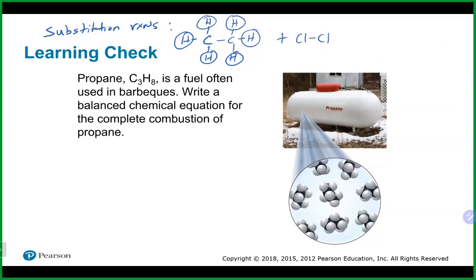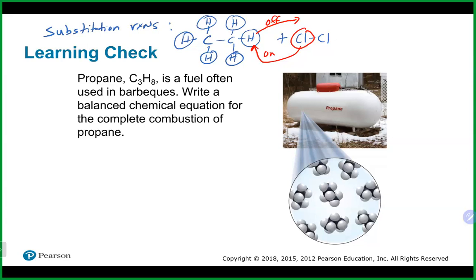You could choose any of these hydrogens, and this one is going to go off, and then one of these chlorines will go on in its place. Everything else stays exactly the same. So much like what we did earlier, you draw exactly the same molecule, take off a hydrogen, and where you took off the hydrogen, put one of those on.